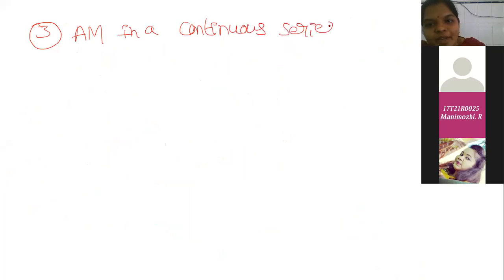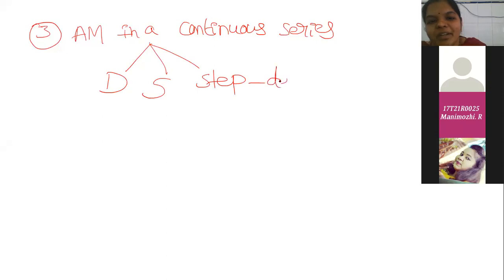How many types are there? We have 3 types here. Do you remember? Yes, ma'am. Direct method, shortcut method, and step deviation method. Based upon the data, you can identify which method we are going to use to find the arithmetic mean.